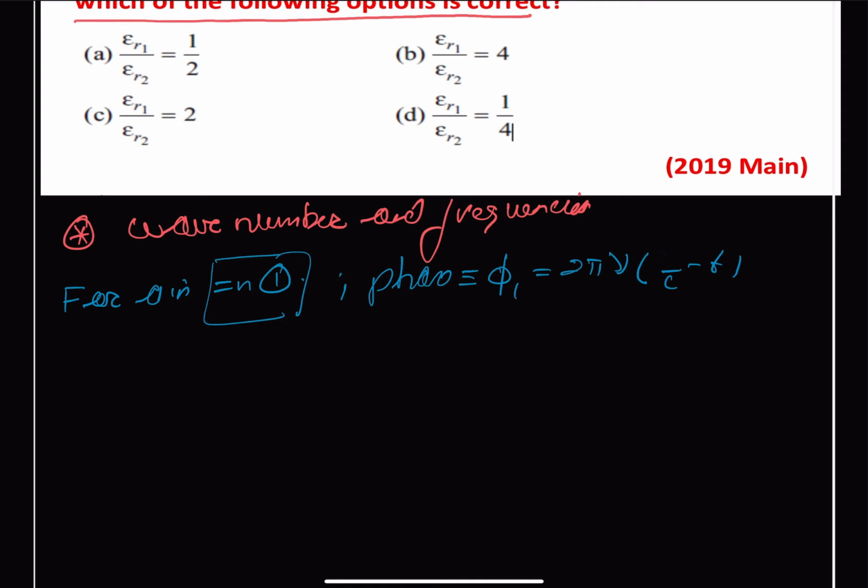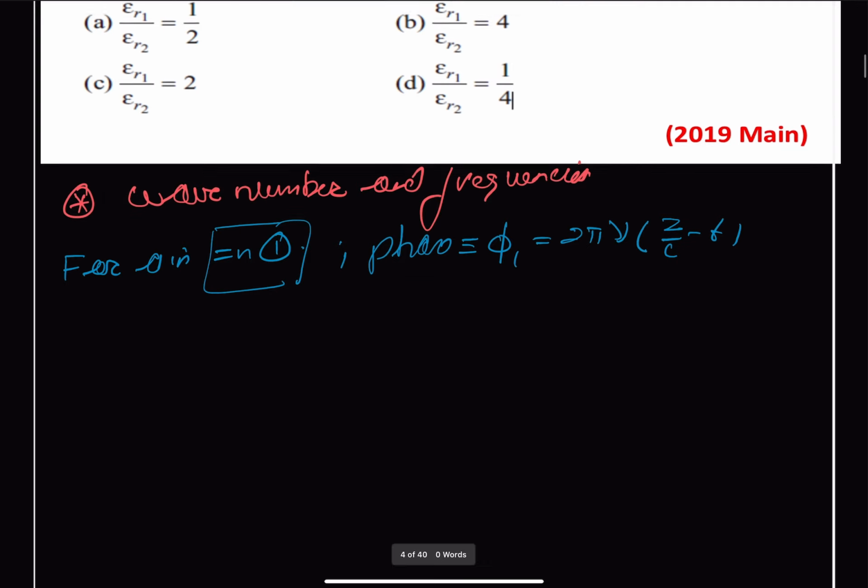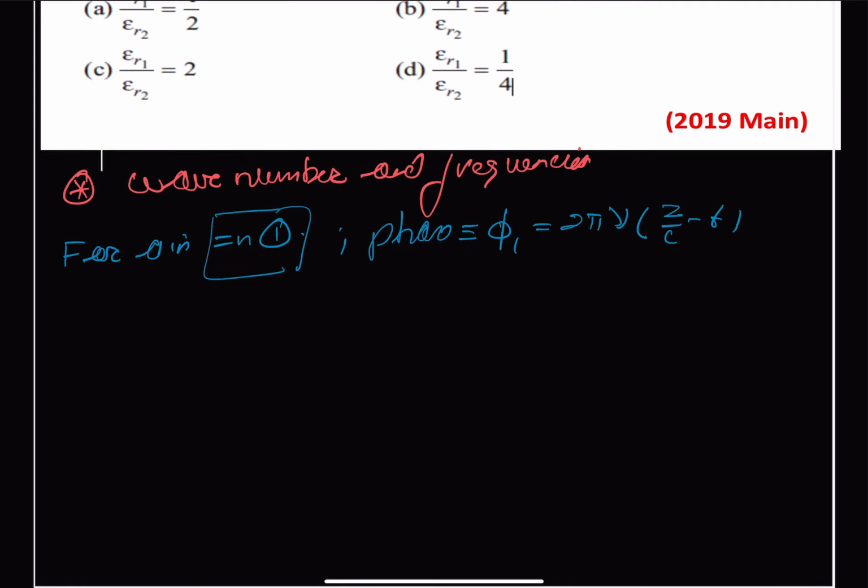We multiply, and we get from here that our phase phi 1 will be equal to 2 pi nu z upon c minus 2 pi nu times t.